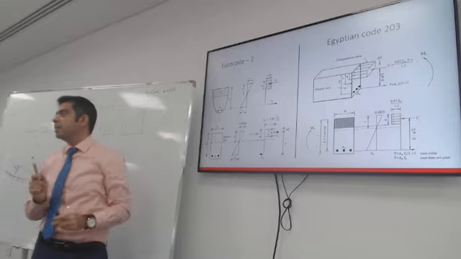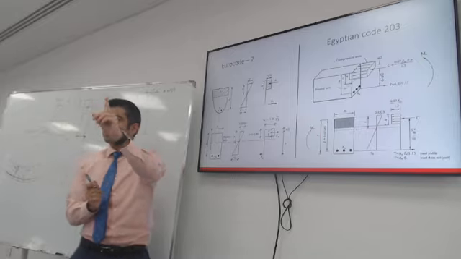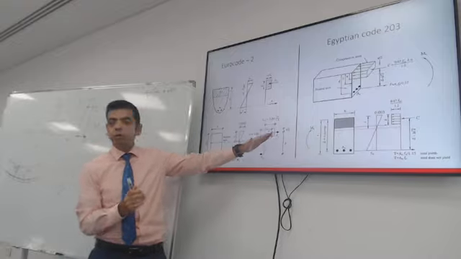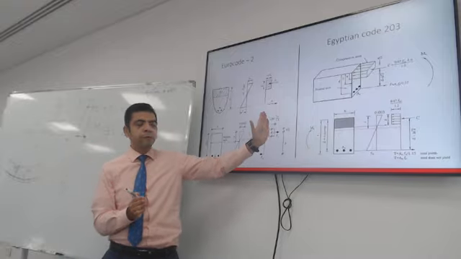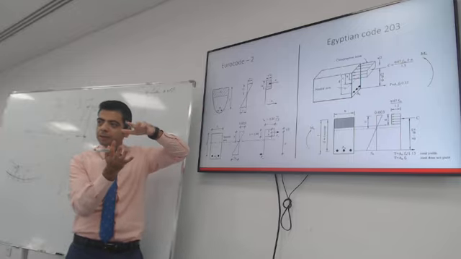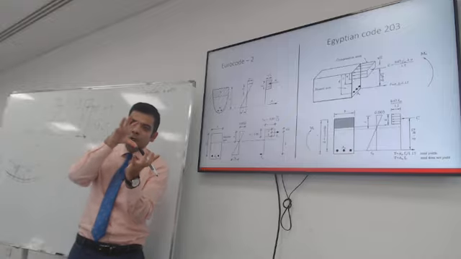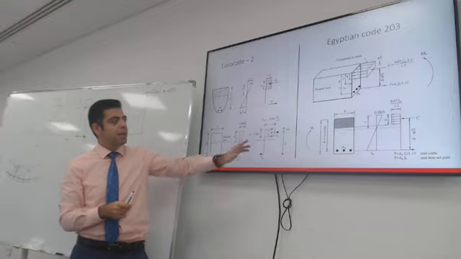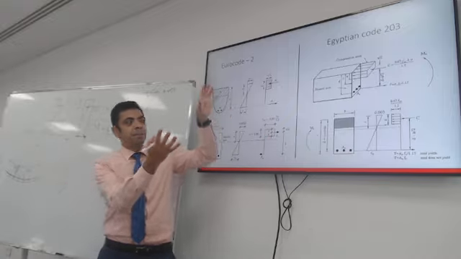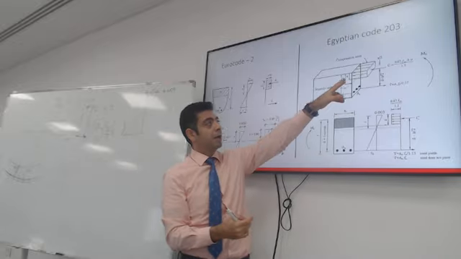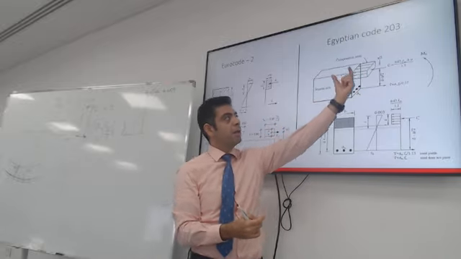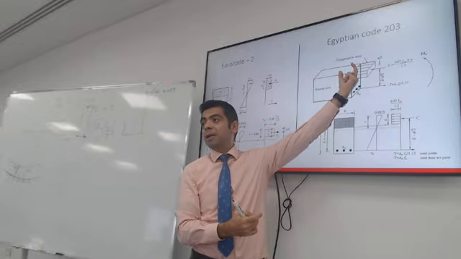So what is happening here? First assumption is, let's not worry too much about the curved shape of the compression block. I'm interested to know how much the concrete is resisting in compression. And let's assume it's a block, like a rectangle multiplied by the width of the beam.